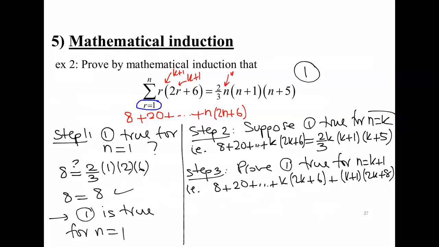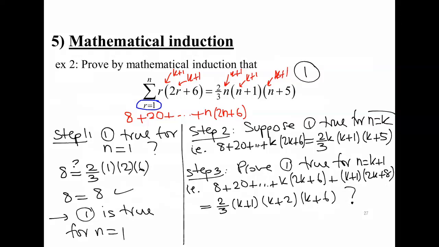I replace n by k plus 1. So I end up with 2/3 of k plus 1 into k plus 2 into k plus 6. So this is the statement that I want to prove true using the assumption I've made in step 2.